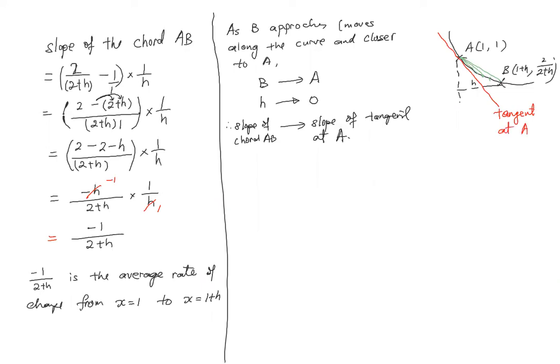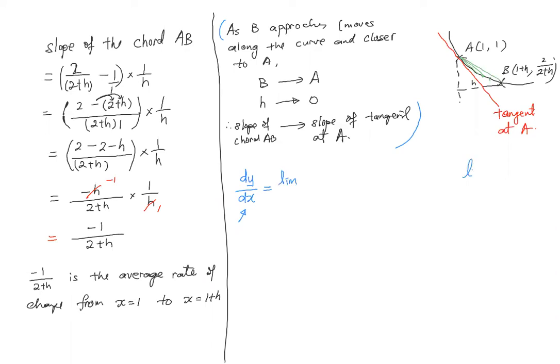Then the slope of the tangent at A, we are going to write it in calculus as dy/dx. This is the instantaneous rate of change, this symbol. You see the approaches thing, we will put limit.